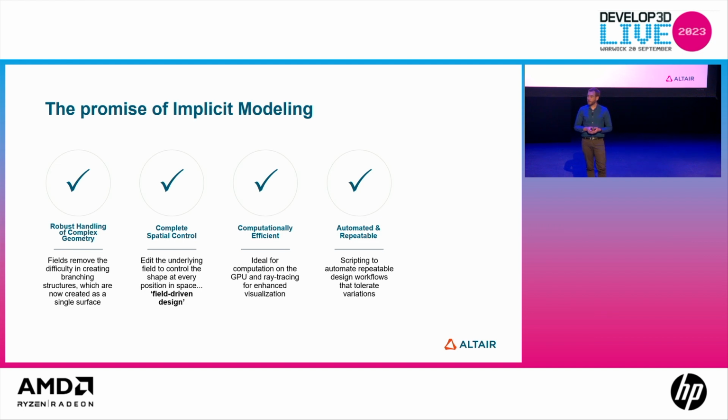You can have these workflows that you can make tweaks and variations on. But also, with implicit modeling, essentially anything can be created as a field, anything can be created as a function, so it's infinitely extensible, where you can really create anything that you want.